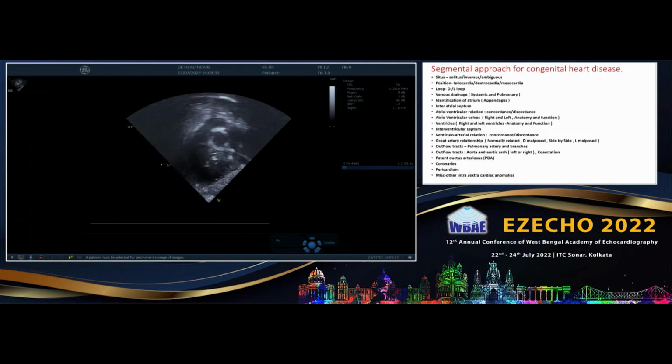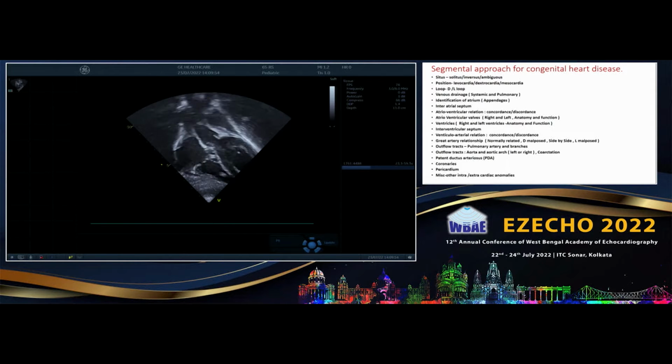Now after the AV valves and the ventricles, next are the outflow tracts, which we need to see. From the RV, this is the RV outflow tract. It is very important to look for the outflow tract and the valve attached to it.